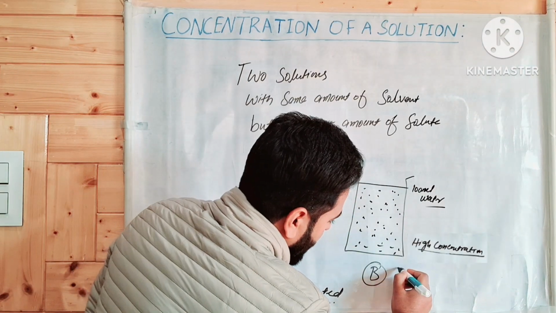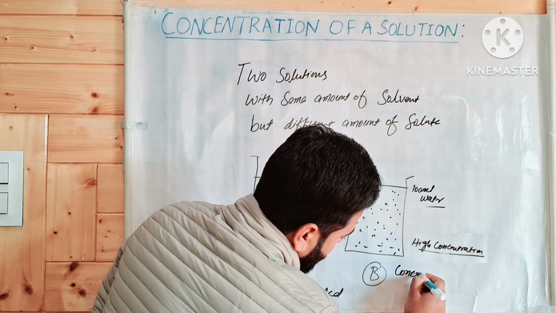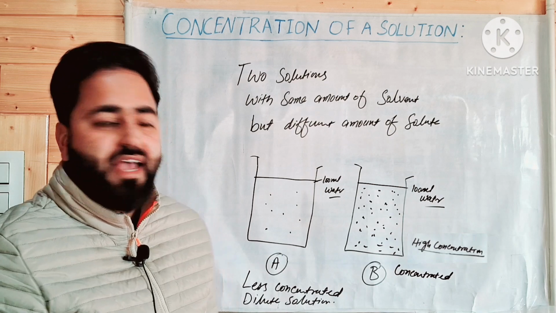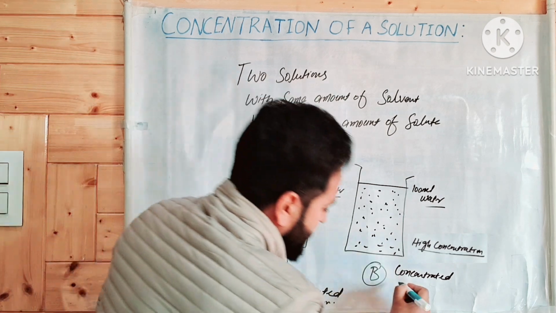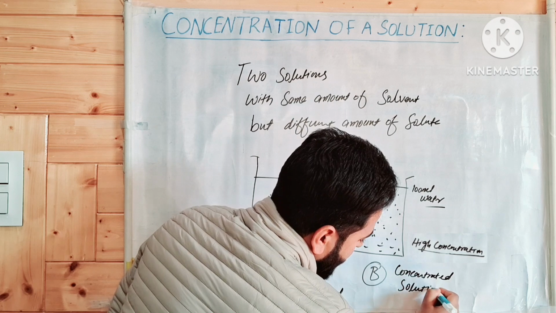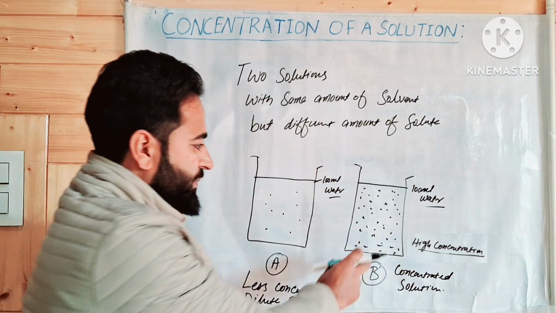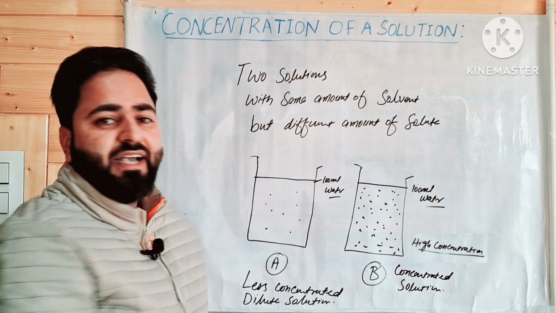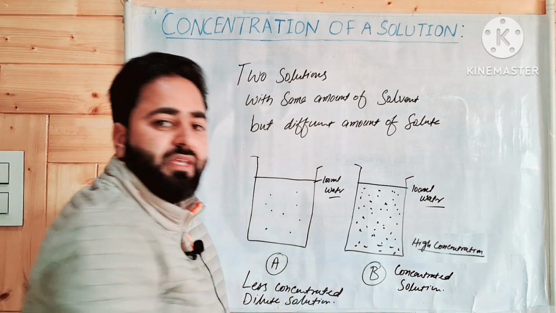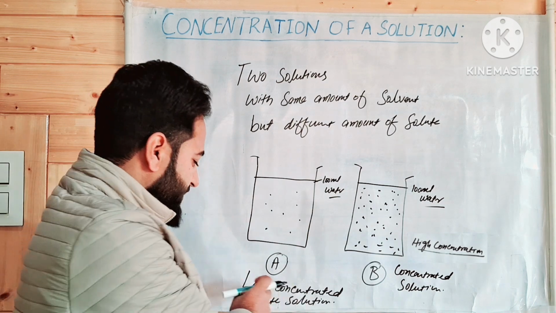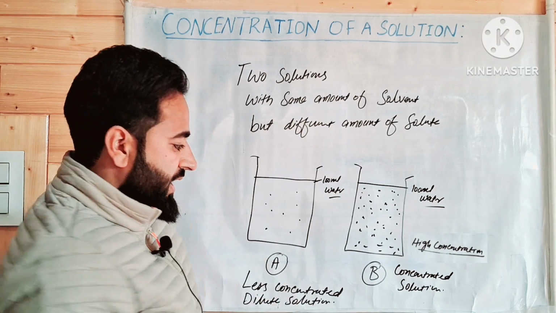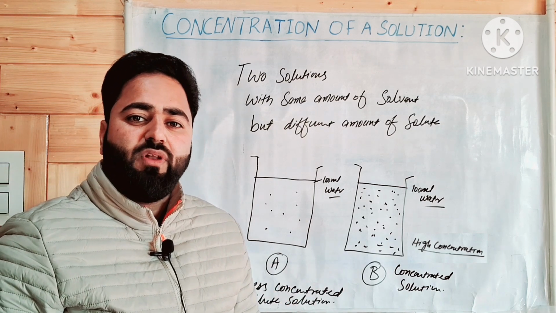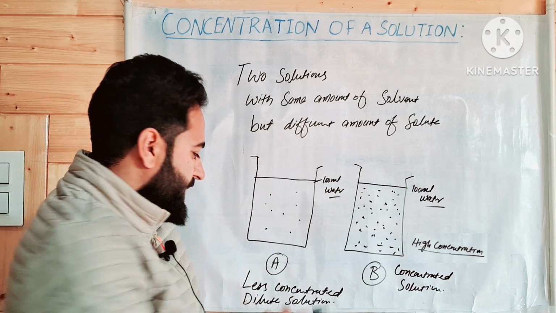It is also called a concentrated solution. Why? Because in solution B we have large amount of solute present as compared to A. That is why we say solution B is more concentrated as compared to solution A, and solution A is called a dilute solution because we have the least amount of solute present in it.